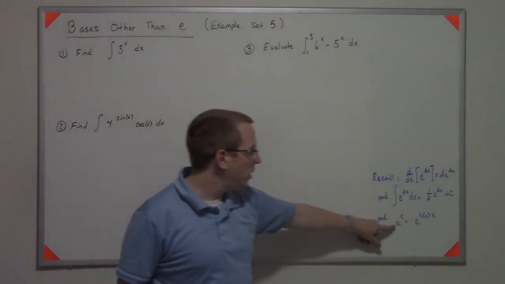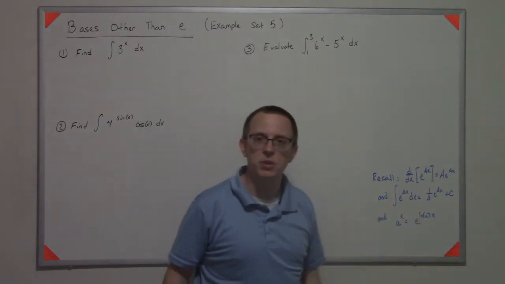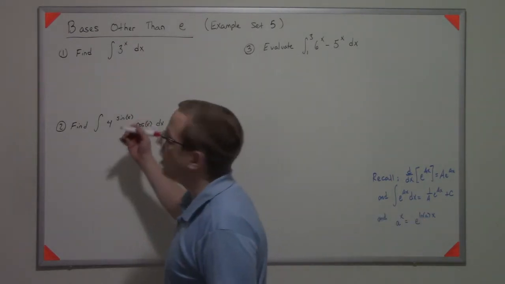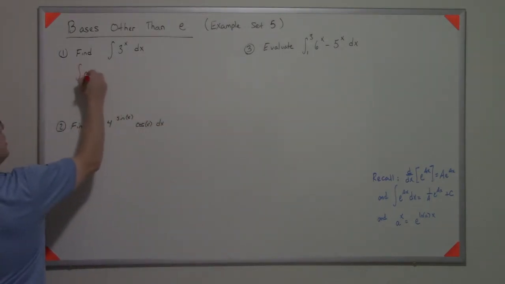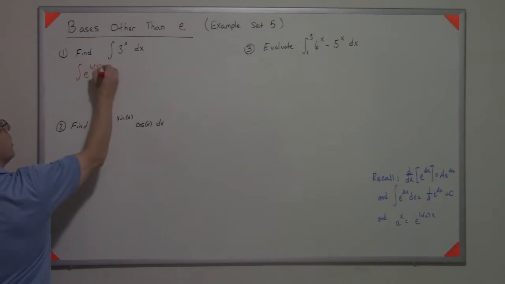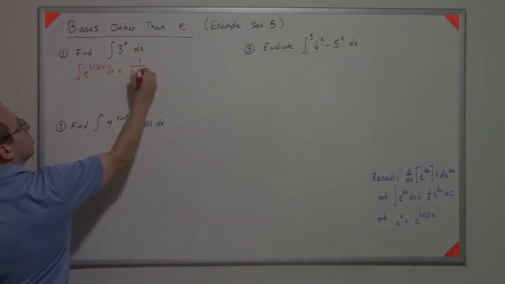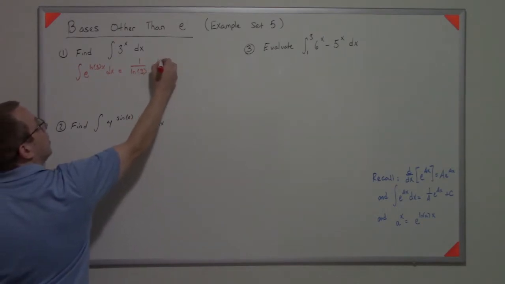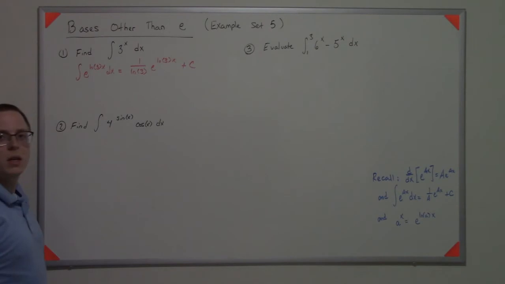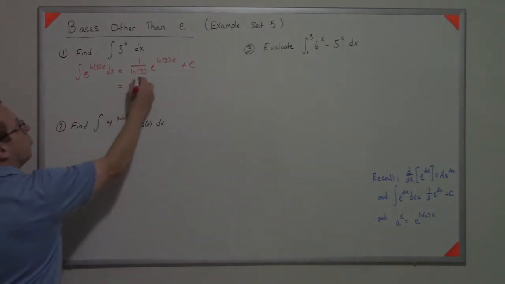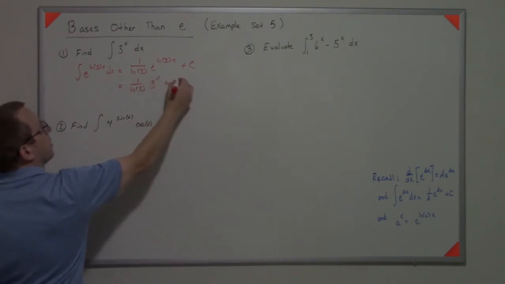And since an arbitrary base is just e to the natural log of a times x, we can say that this is just the integral of e to the natural log of 3 times x dx, which is 1 over natural log of 3 times e to the natural log of 3 times x, plus c, which we can rewrite as 1 over natural log of 3 times 3 to the x plus c.